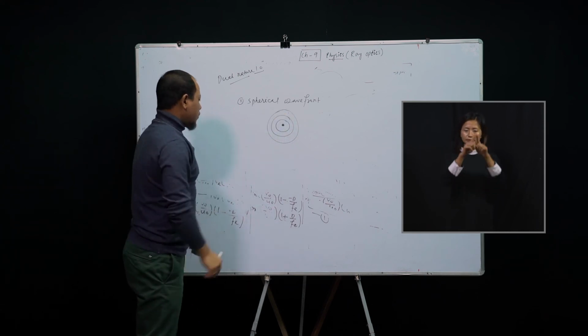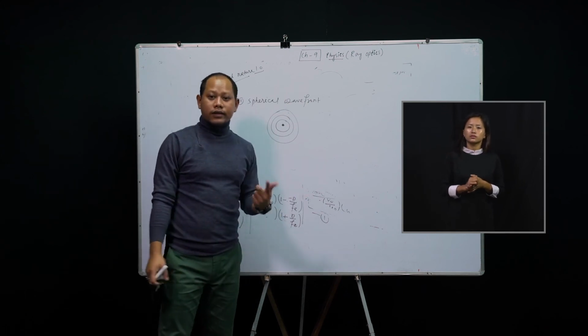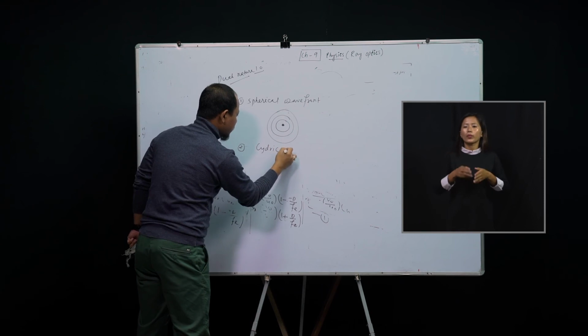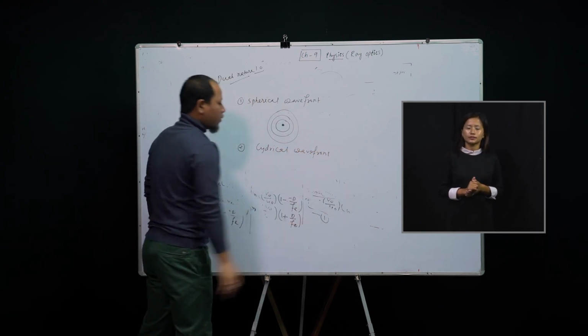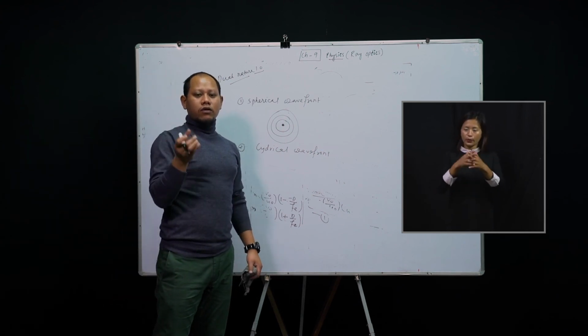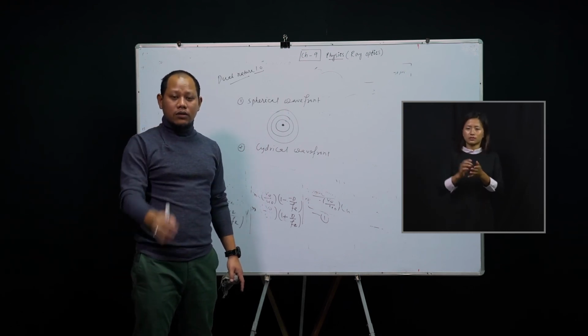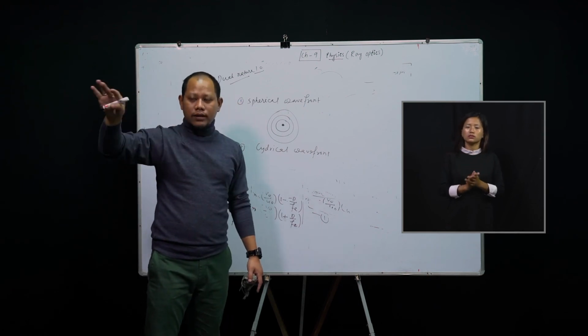Next is cylindrical wavefront. What is cylindrical wavefront? When the source of light is a linear source. You can assume it is a slit, or you can assume this is a rod light, a tube light.